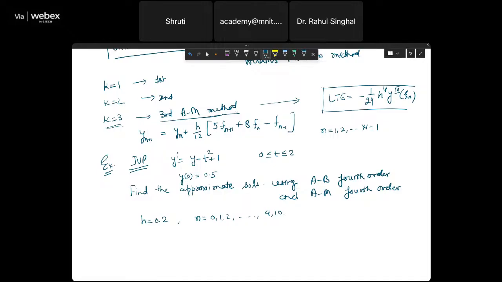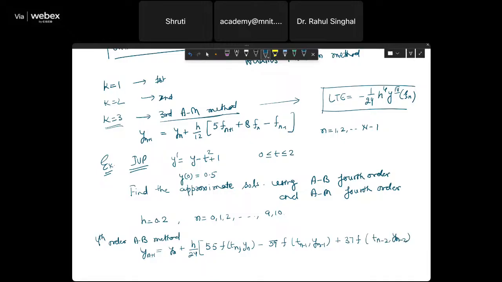So the fourth order Adams-Bashforth method, if you apply it, then what happens? According to the method formula, we will have y(n+1) equals y(n) plus h by 24 times 55 f calculated at (tn, yn), minus 59 f calculated at (t(n-1), y(n-1)), then plus 37 f at (t(n-2), y(n-2)), and so on.